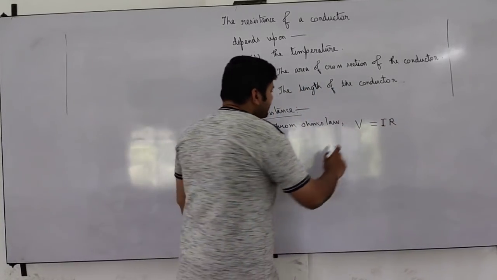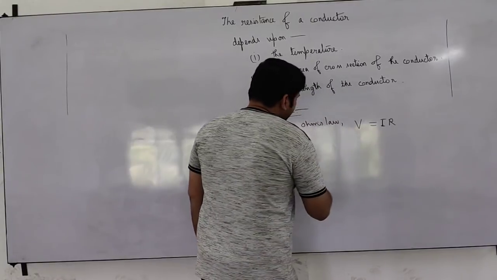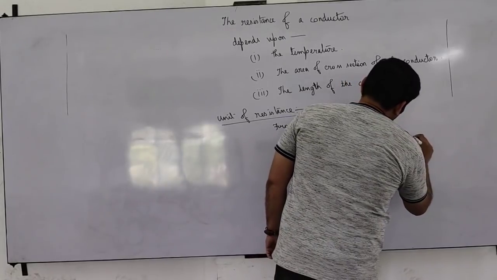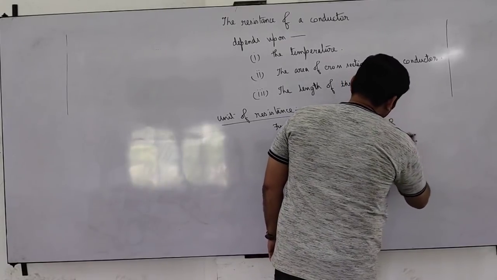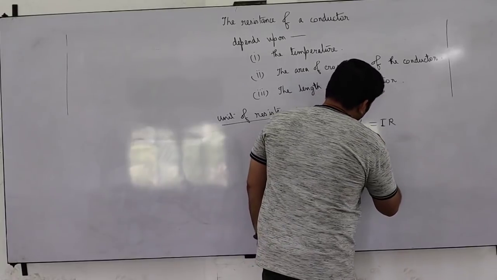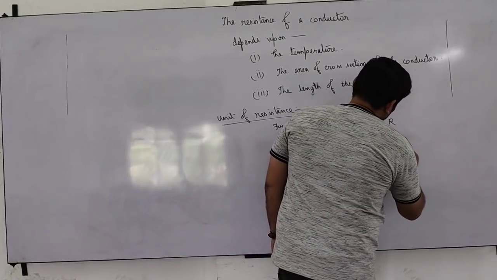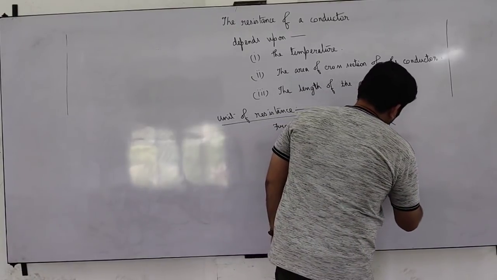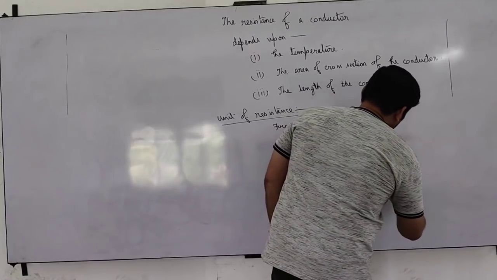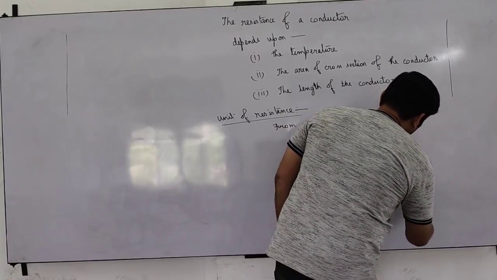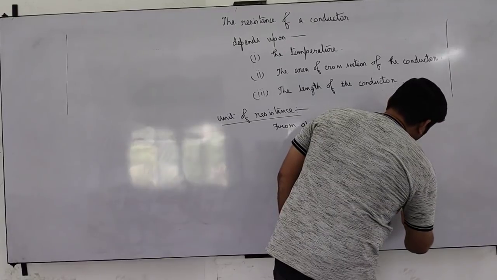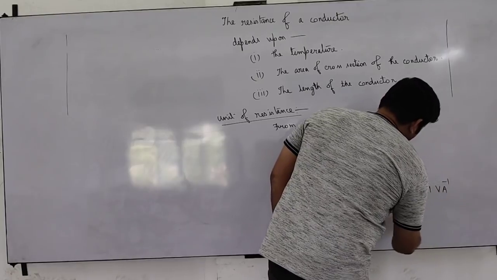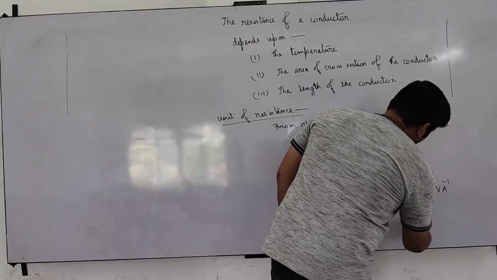Okay. If V is equal to 1 volt and I is equal to 1 ampere, then R is equal to V by I, that is 1 volt by 1 ampere, that is 1 volt per ampere, equal to 1 ohm.